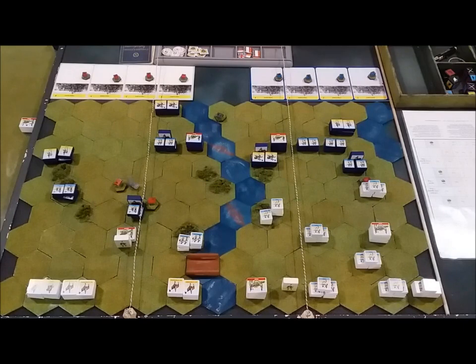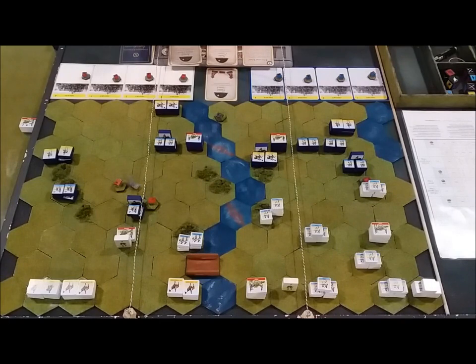French. Okay, so they've got a fire and hold, which isn't too bad this time, but not great. A probe right, an attack right, a flank attack, and a probe centre. So let's have a look at fire and hold.